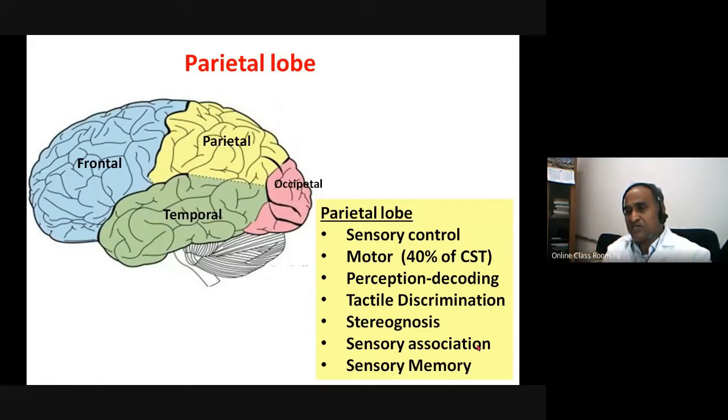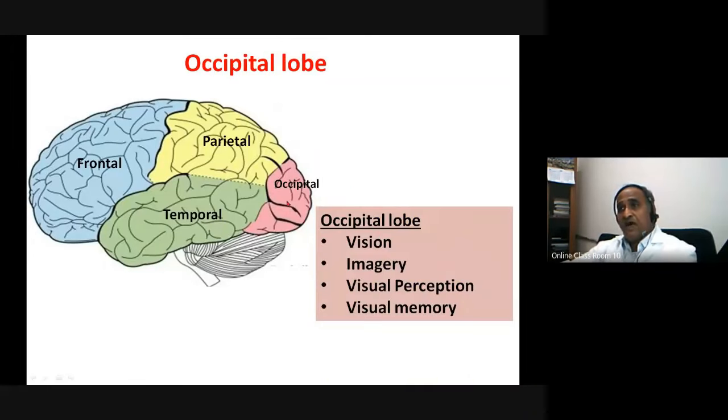Anything about the somatic sensation will be stored here. Say, for example, if I have a 5 rupee coin, all the attributes related to the 5 rupee coin, how the serrations are, what is the weight, how it looks, and how it feels. All those aspects are stored in the memory of the sensory association area, so that we can retrieve it back. Then comes the occipital lobe.